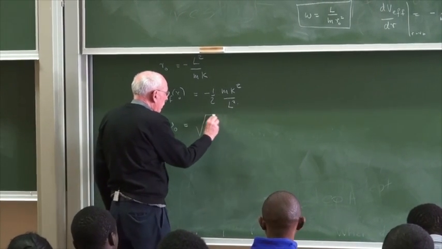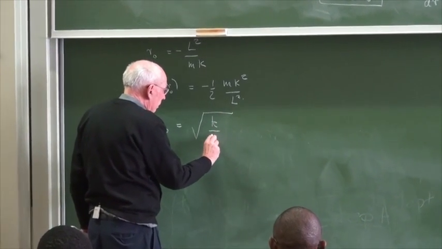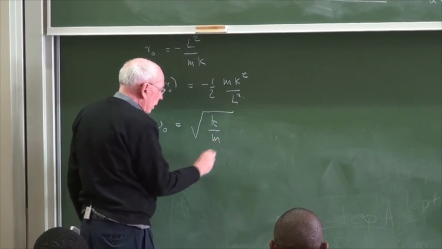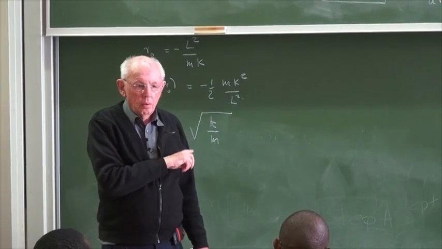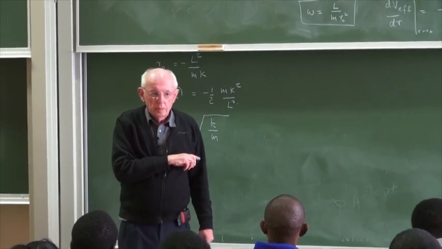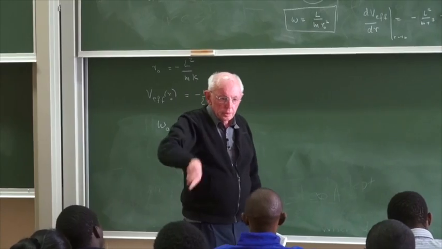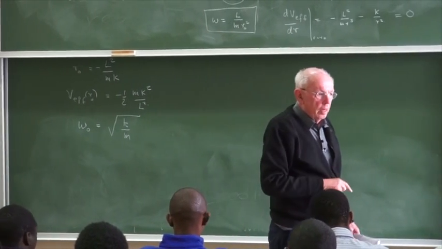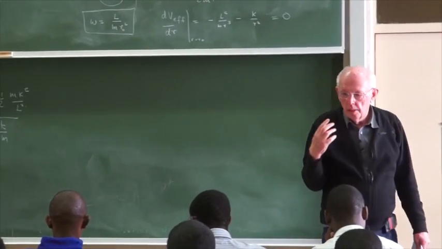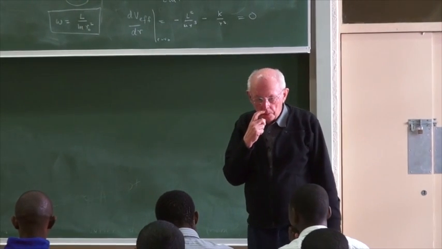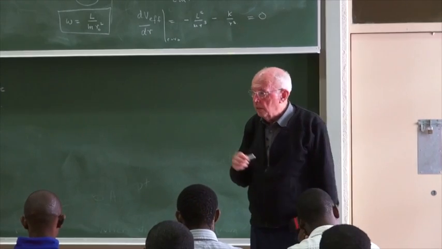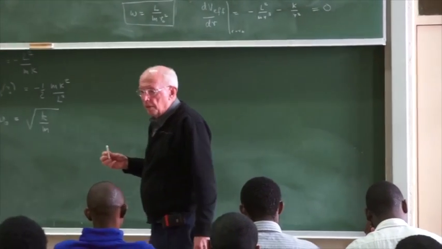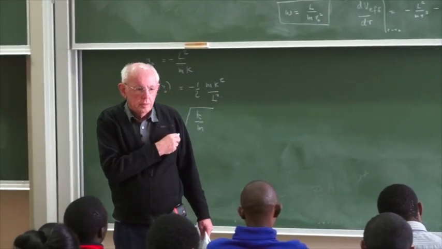Square root of k over m. Okay, we know what m is. It's the mass of the Earth or whatever is moving. And what is k? K is the spring constant. Right, and how do I get the spring constant for this thing?